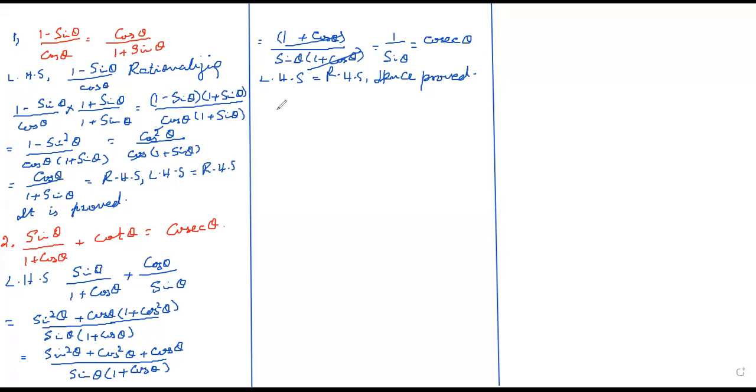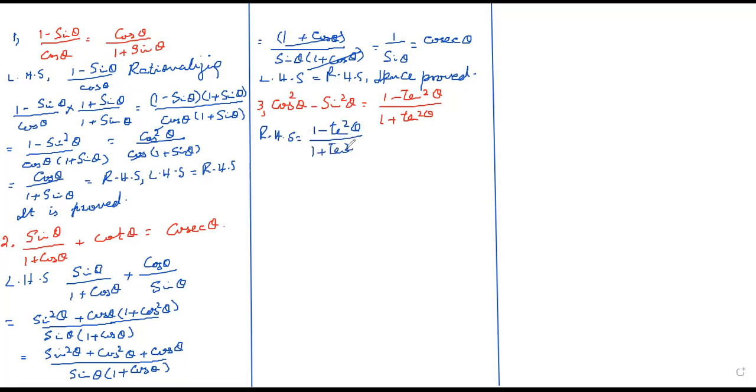Question number 3: cosine square theta minus sine square theta equals (1 minus tangent square theta) divided by (1 plus tangent square theta). Okay, take the right hand side this time, which equals 1 minus tangent square theta divided by 1 plus tangent square theta.